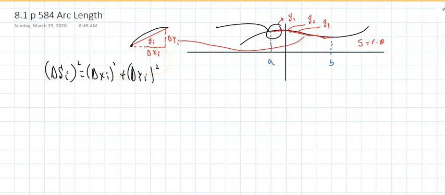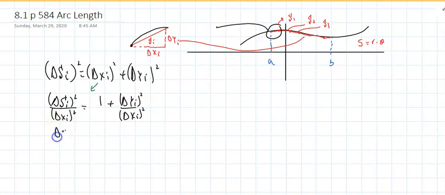Now, if I divide everything by delta x sub i squared, that would equal 1 plus delta y sub i squared over delta x sub i squared.